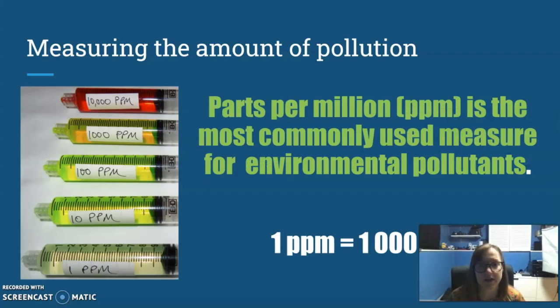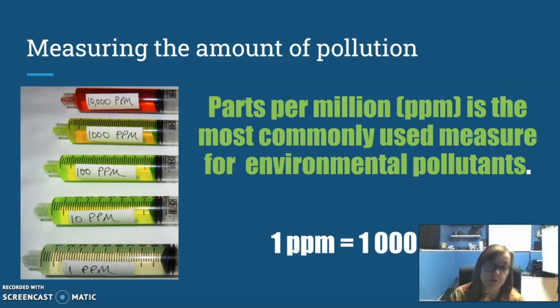So here again is that measuring of the parts per million. There is a toxin in this water sample, and you can see as you go from the bottom, 1 part per million, to 10,000 parts per million, there's a color change.